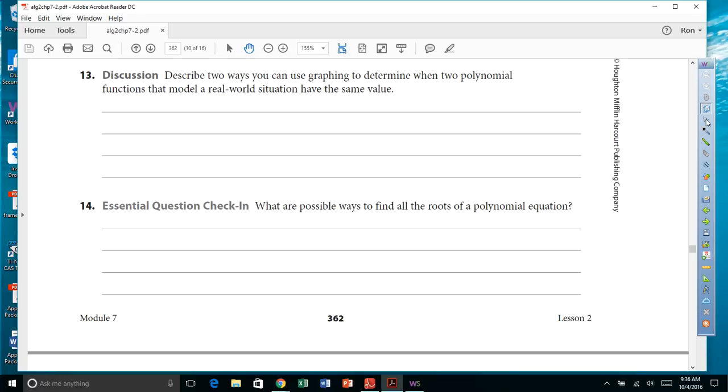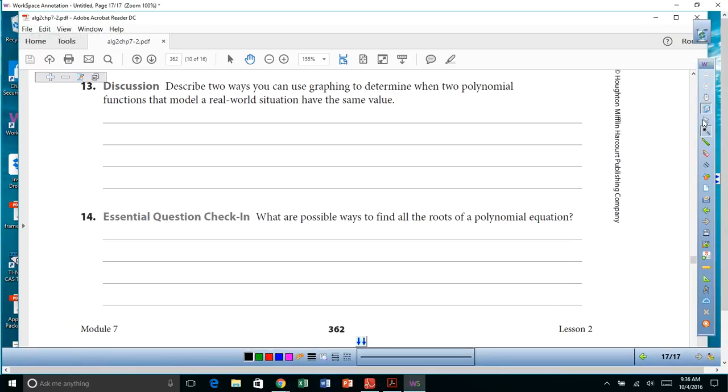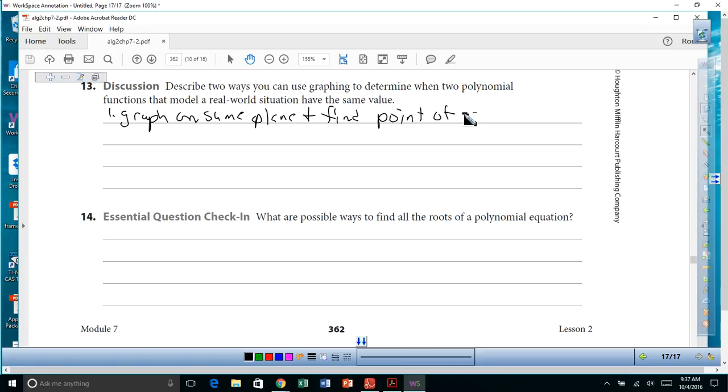Well, you can graph both functions on the same coordinate plane and find the points of intersection.